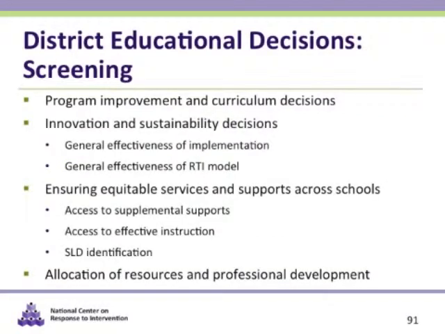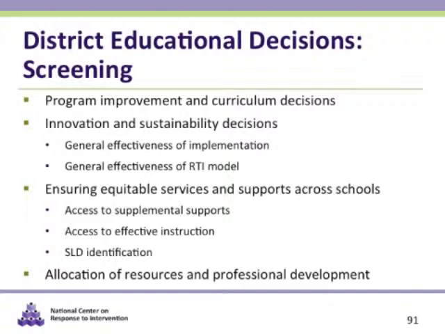We can use screening data for program improvement and curriculum decisions. We can use it for innovation and sustainability decisions. The screening data can help us determine the general effectiveness of our RTI implementation, as well as the general effectiveness of our RTI model. It can also help a district ensure equitable services and supports across schools.